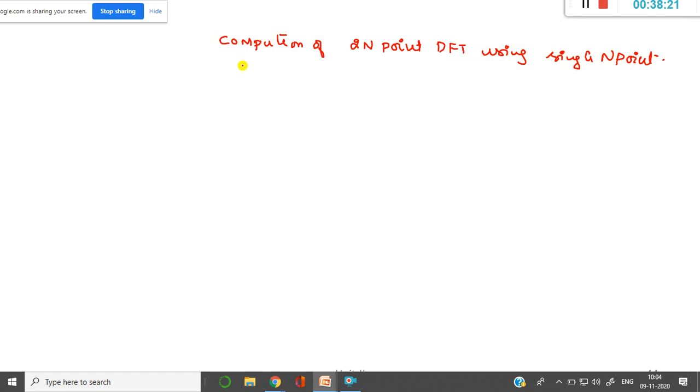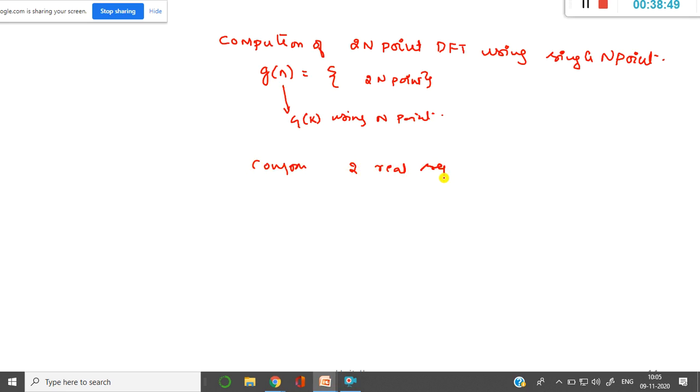Okay, the sequence is only one. How many sequences? Only one sequence, g of n, which was a 2n-point sequence. Computation of its DFT using n-point DFT.